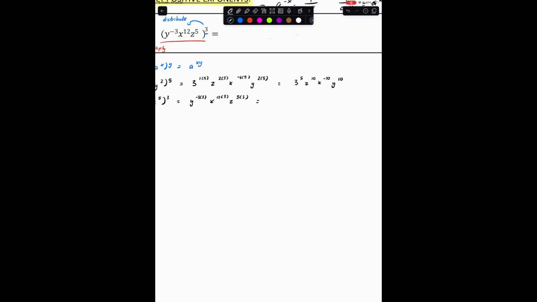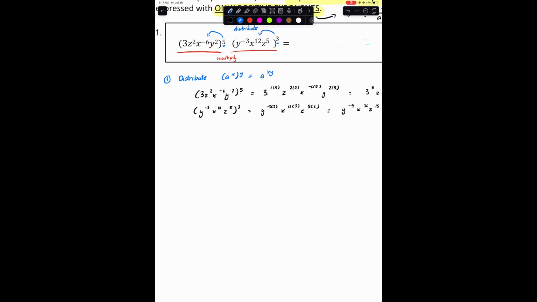This will give us y to the negative 9, x to the 36, and z to the 15th. I'm going to highlight the distributed exponents for clarity.